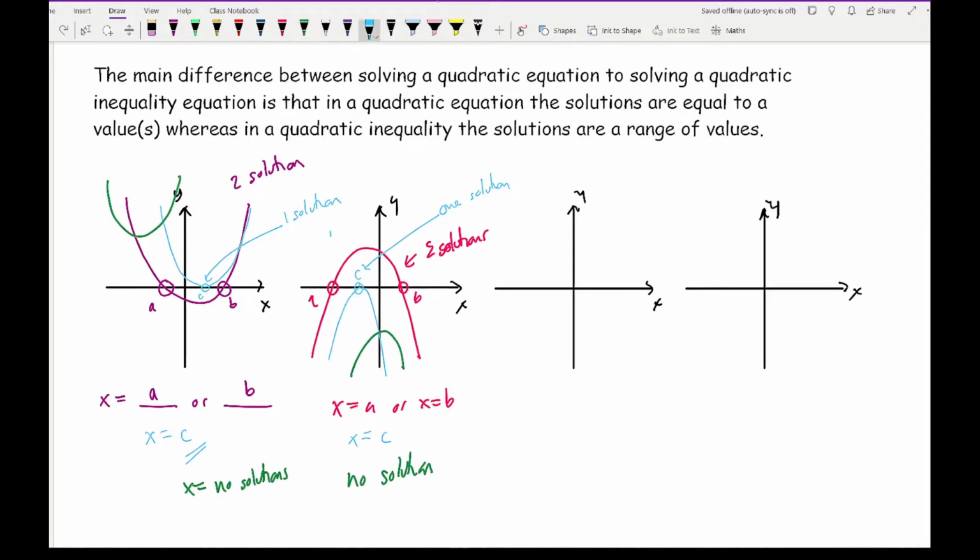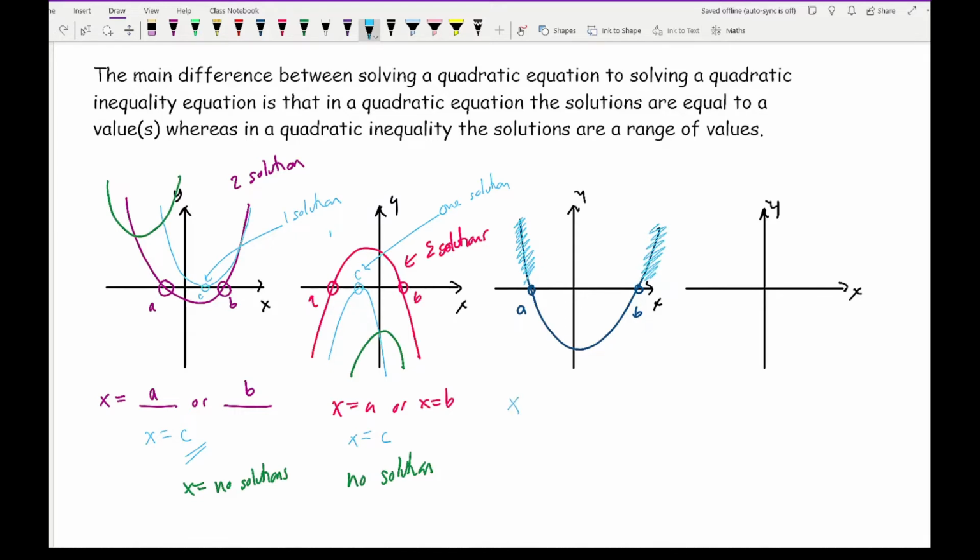Now how it differs with a quadratic inequality is that we could end up with a range of values. I'll only do this where we've got two values. So let's say here are our solutions, which are a and b. Now with a quadratic inequality, your answer could either be this set of values or this set of values, which I tend to call sideburns.